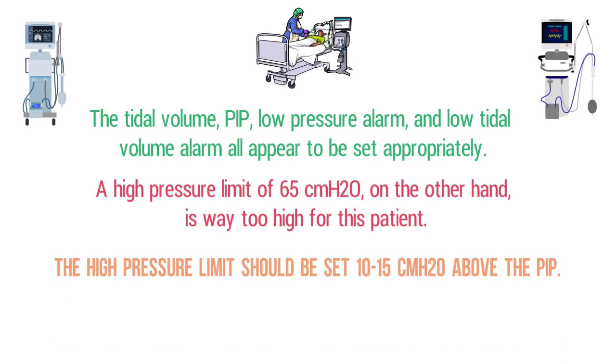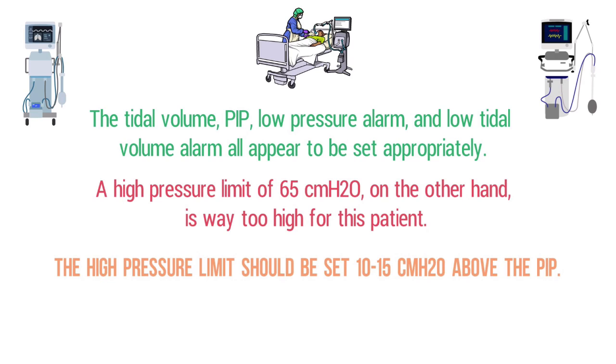As a general rule of thumb, the high pressure limit should be set 10 to 15 centimeters of water pressure above the peak inspiratory pressure. Otherwise, the patient has an increased risk of barotrauma or lung injury if too much pressure is applied to the lungs.